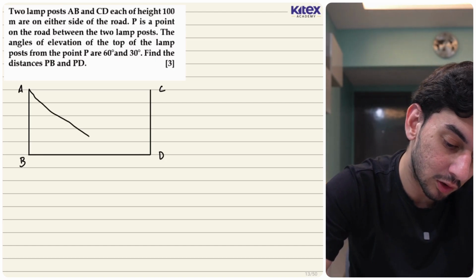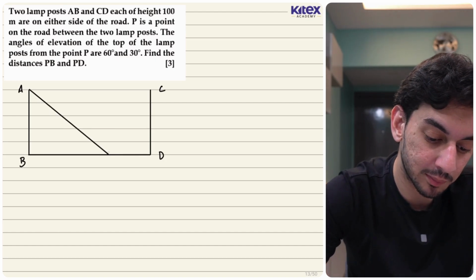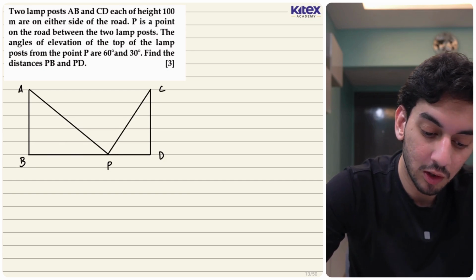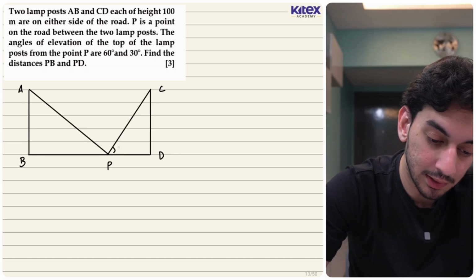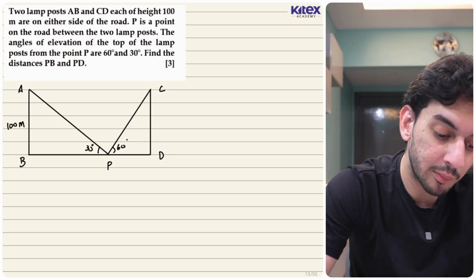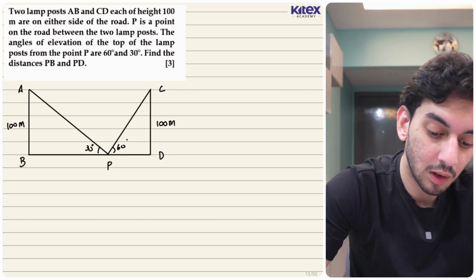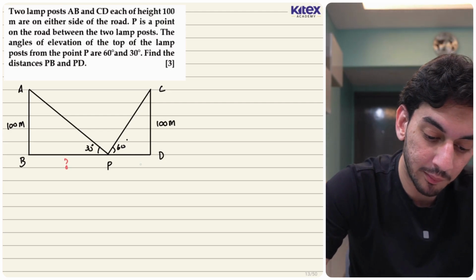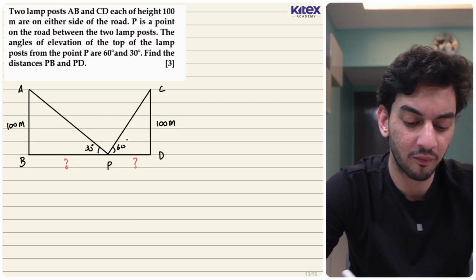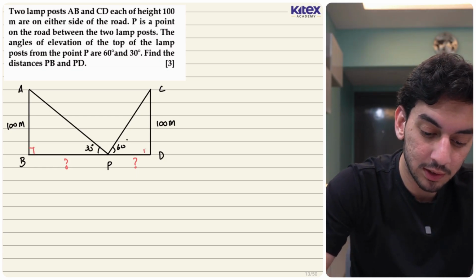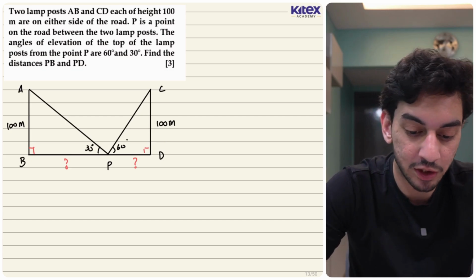Okay, so I just say that this is a point over here which is P, and I just connect it over here. So the angles are given to me as 60 degree and 30 degree, and the lampposts are both 100 meter high. What do I need to find? I need to figure out the distance PB, which is this one, and PD, which is this one. Okay, very easy. I can see I have two triangles over here, and both the triangles right now are dealing with opposites and adjacents.